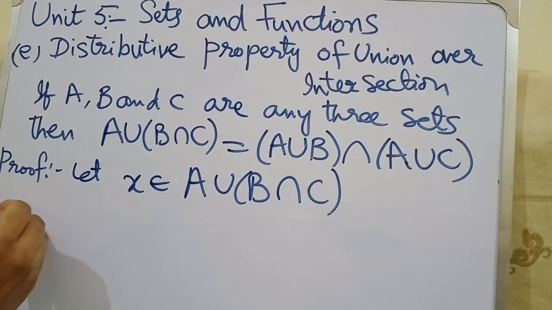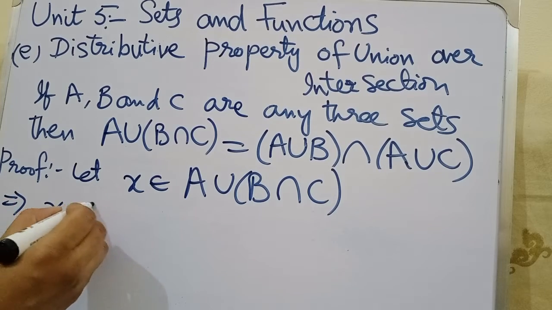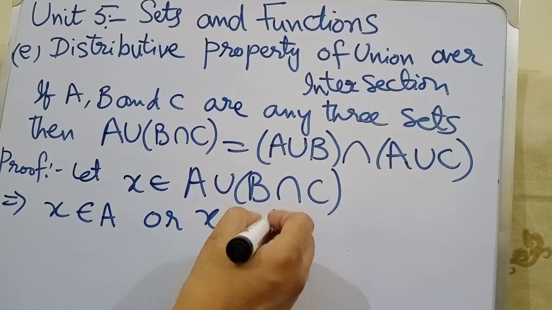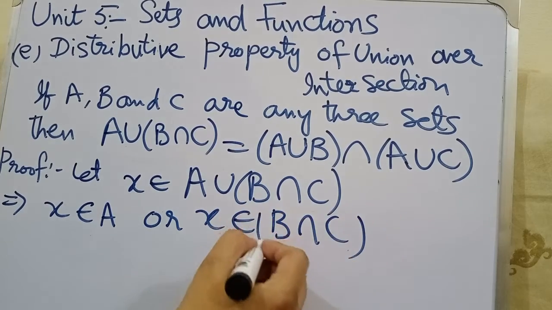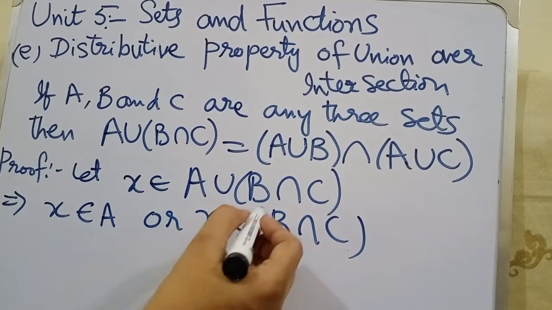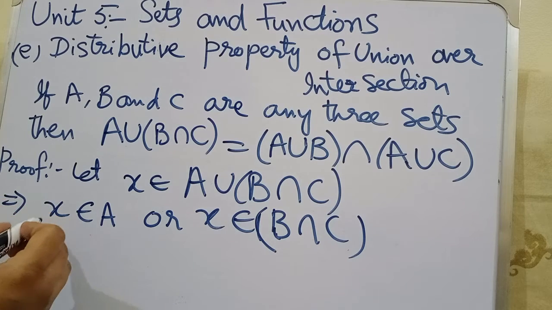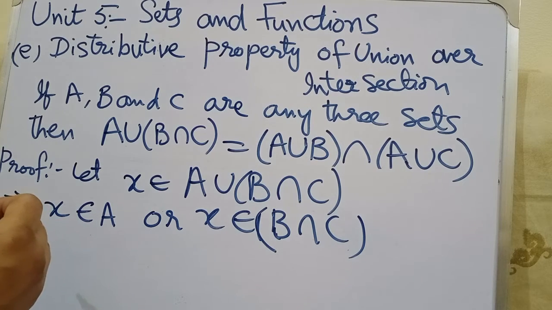So we can say that x belongs to A or x belongs to B intersection C, or it should be an element of one of these two sets, if not both.